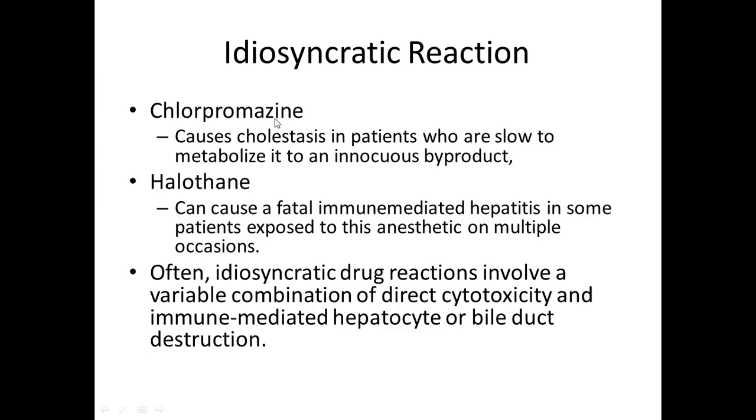Otherwise, chlorpromazine is usually metabolized in the liver into a smaller byproduct which can be excreted. But when patients are slow to metabolize, they cause cholestasis, stasis of the bile within the liver, and may be associated with cholestatic disease or cholestatic hepatitis.